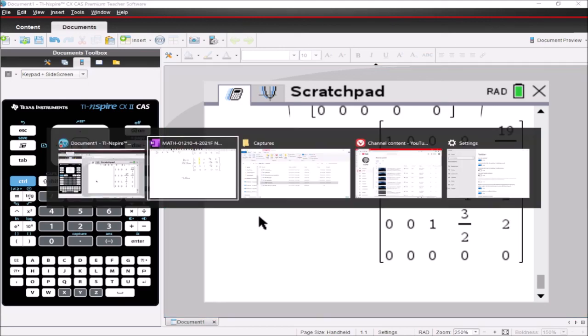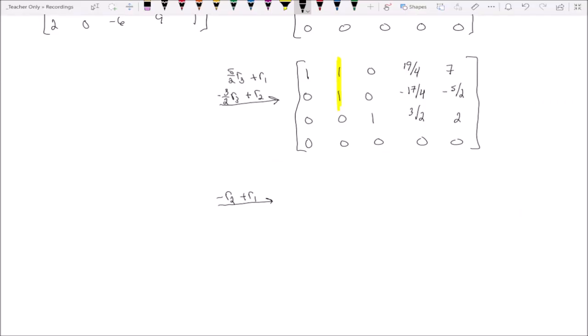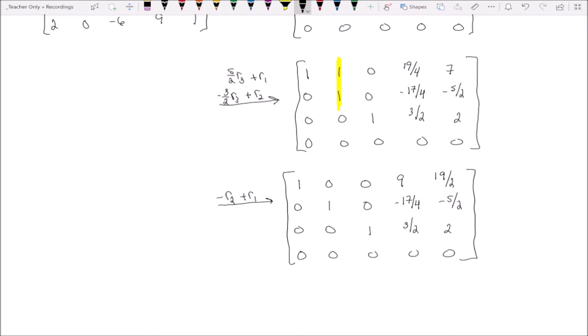And once again, just copy the result. All right, we just completed row 2. There's nothing else to do. And there is our matrix in RREF.